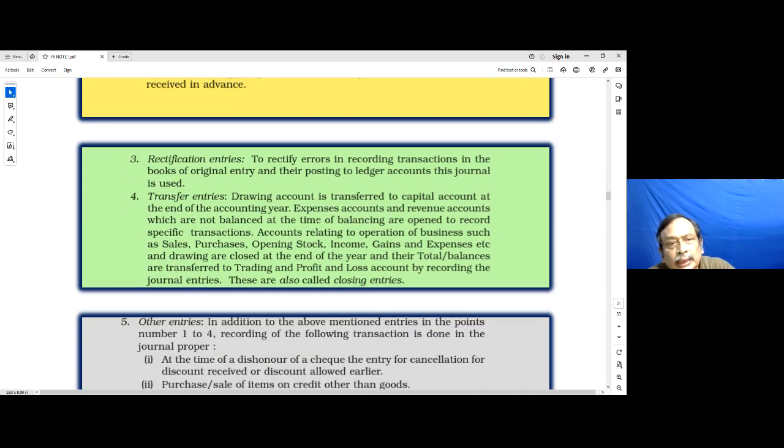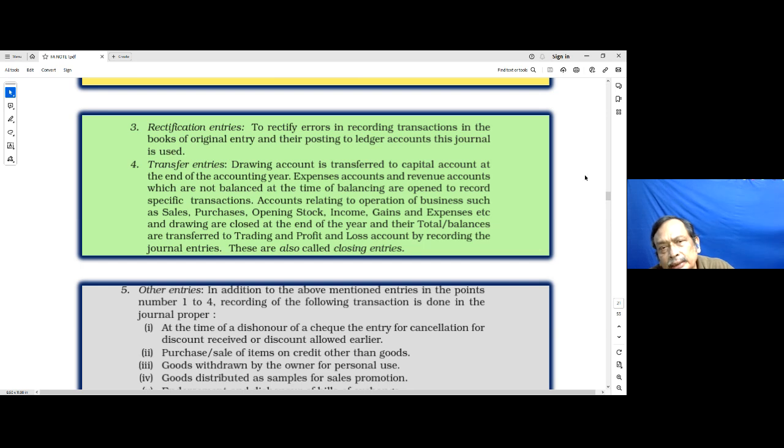Then rectification entries: to rectify errors in recording transactions in the books of original entry and their posting to ledger accounts, this journal is used. Number 4, transfer entries. That is, drawing account is transferred to capital account at the end of the accounting year.